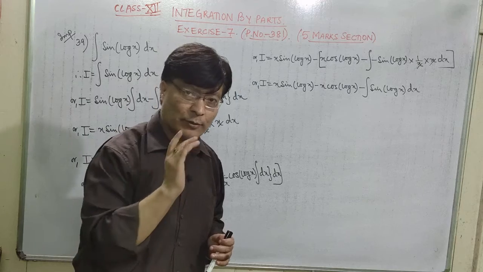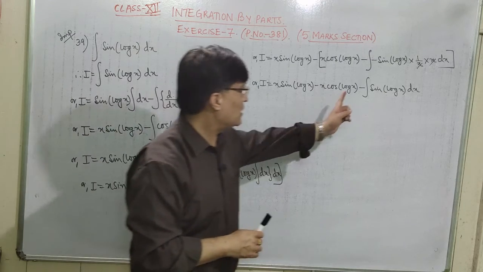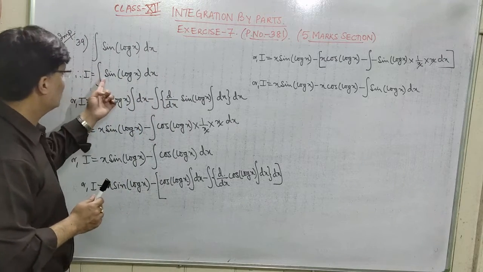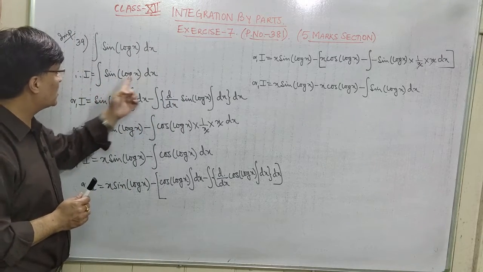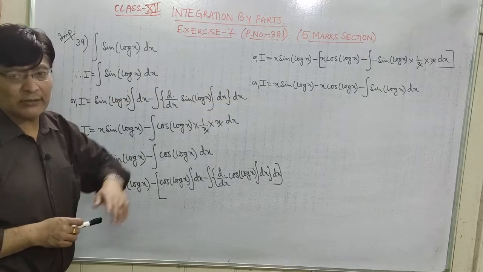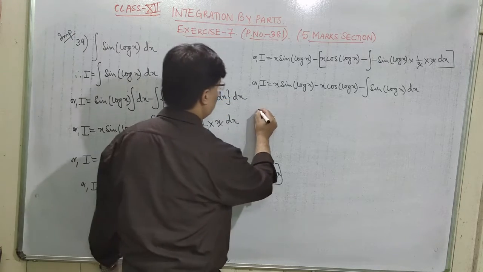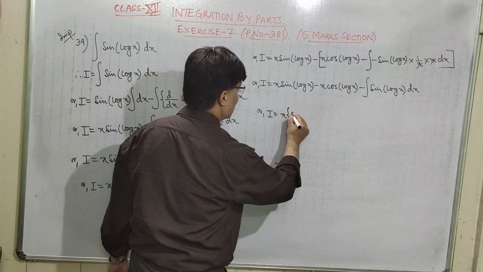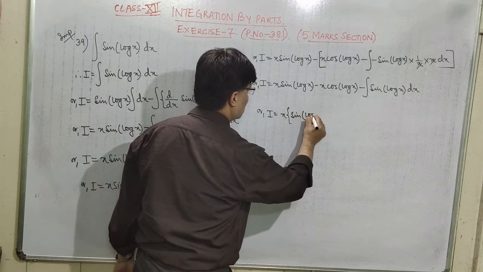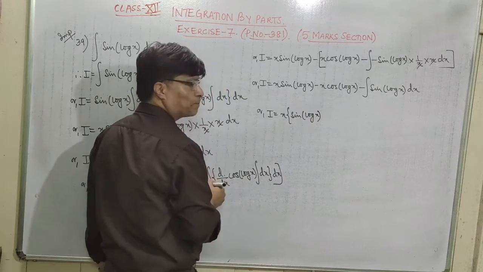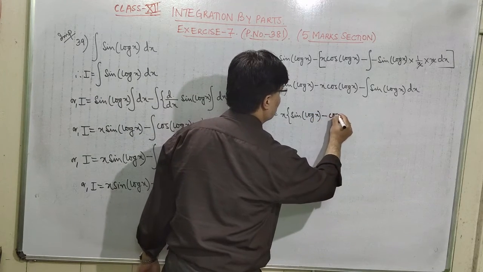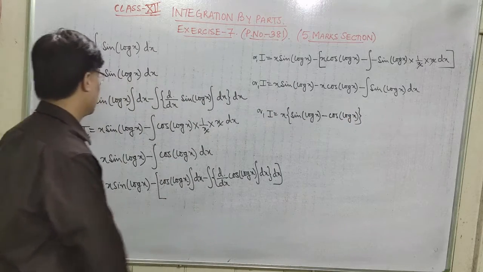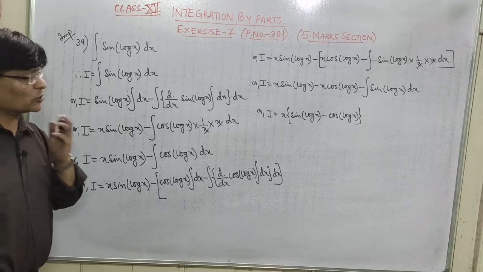No. Now you have to stop out here. So instead of integral sine of log x dx, what will you write? Here we had assumed integration of sine of log x dx as I. So instead of that integration we can write I. So or I is equal to, here x is taken common. So within second bracket this is sine of log x, right? Then minus cos of log x, second bracket is closed.